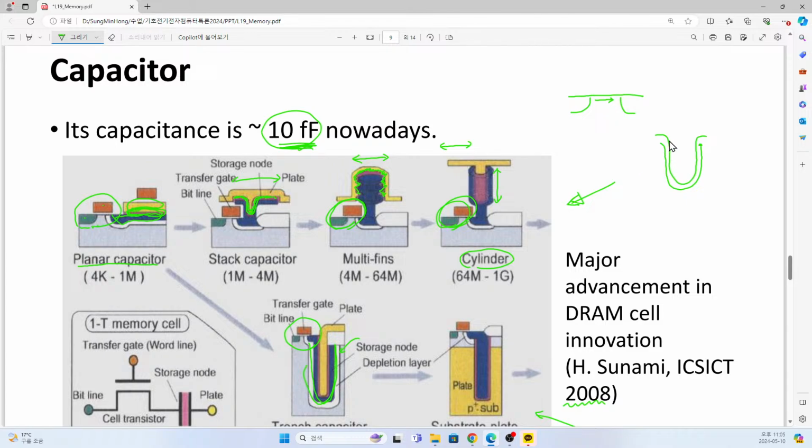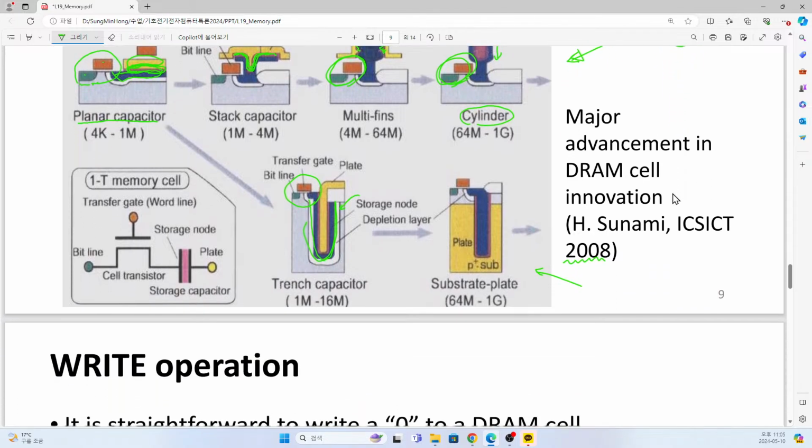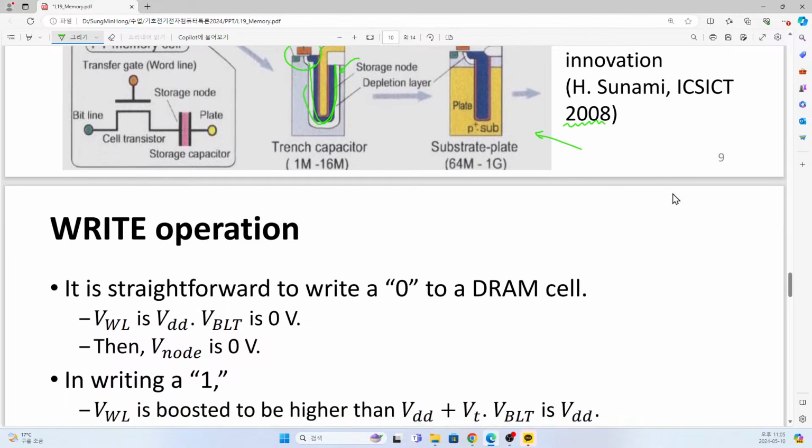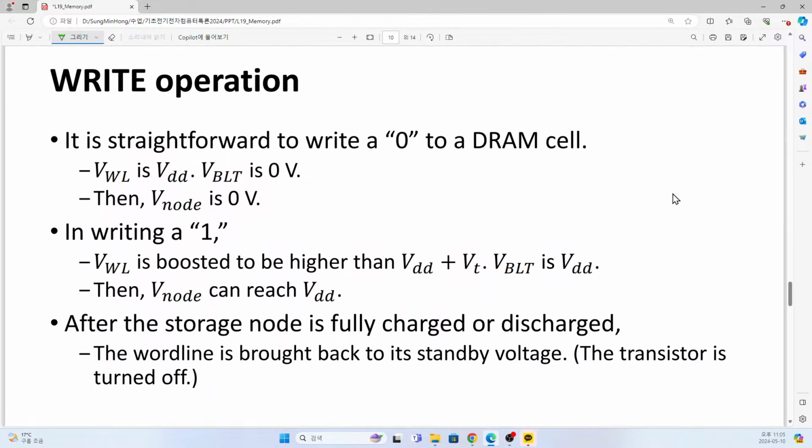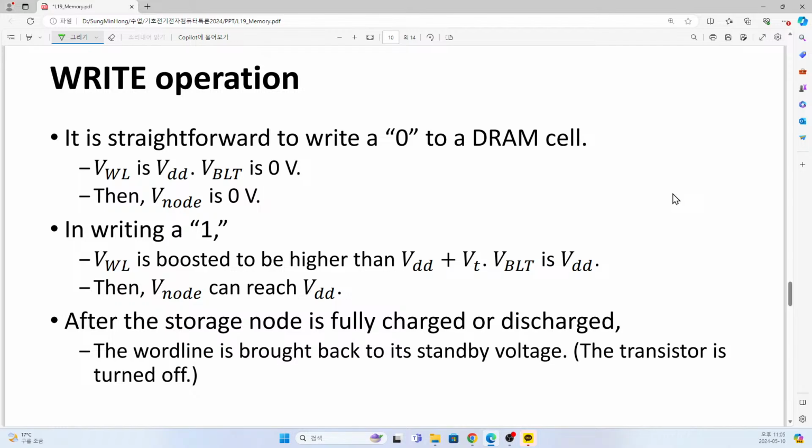So by applying such a curved structure, we can effectively increase the gate length without sacrificing silicon area efficiency. So that was also an important change. So anyway, now let's go to the operational part.